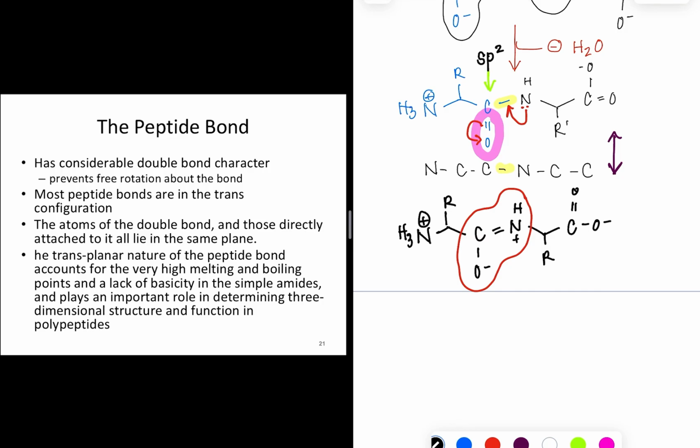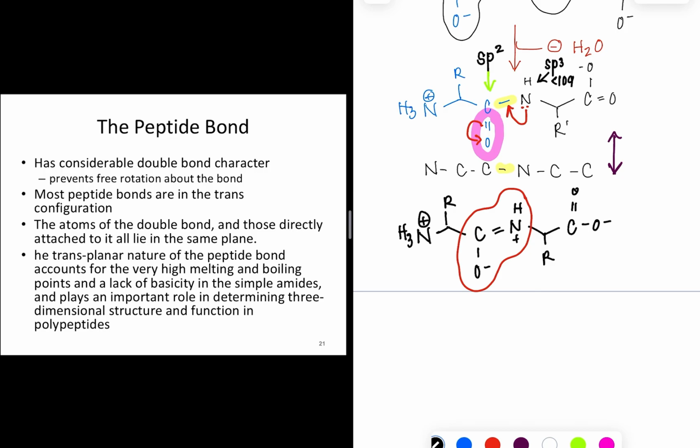Bond angles would be 109.5. The nitrogen atom here would be a trigonal pyramidal nitrogen. It would be sp3 hybridized and bond angles less than 109.